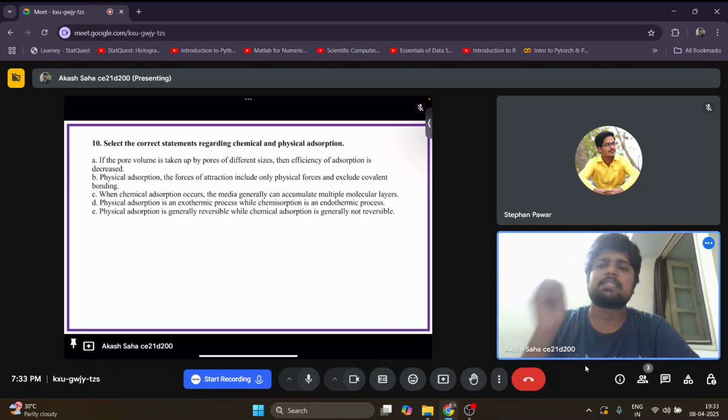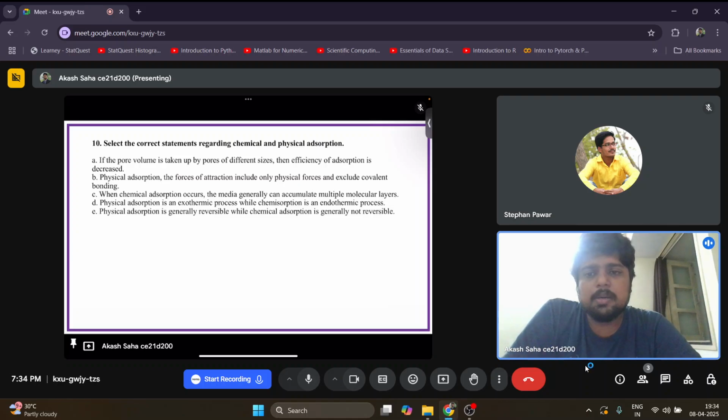It says select the correct statements regarding chemical and physical adsorption. A: if the pore volume is taken up by pores of different sizes, the efficiency of adsorption is decreased. B: in physical adsorption, the forces of attraction include only physical forces and exclude covalent bonding.